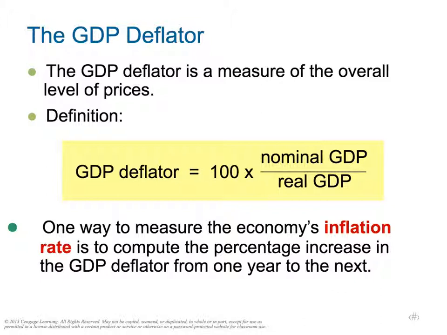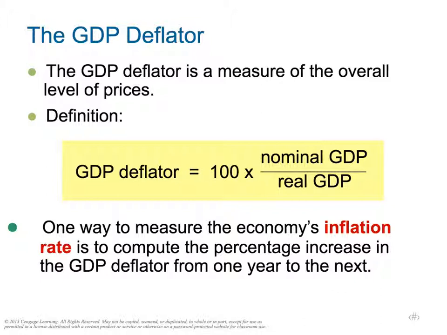Now, one way that we can measure inflation, it's not the best measure, but it is one way to measure inflation, is called the GDP deflator. And the GDP deflator is kind of the last step after we calculate nominal GDP and real GDP.